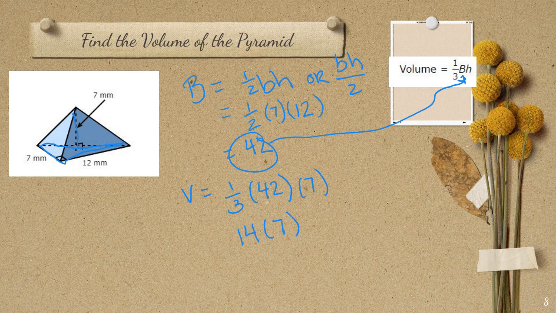So now I have 14 times 7. And what does that equal? That equals 98. And what is my measurement here? Millimeters. So my answer is millimeters cubed. So the volume is 98 millimeters cubed is my final answer.